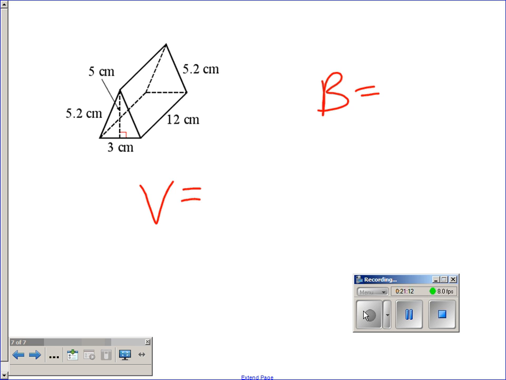To find the area of the base, we have to find the area of this triangle right here. So how do we find area of a triangle? Nope, just the triangle.